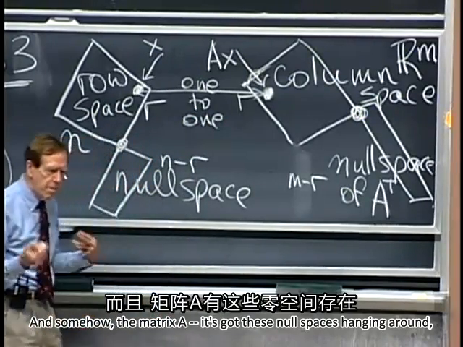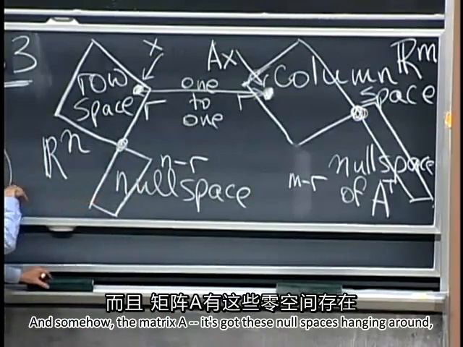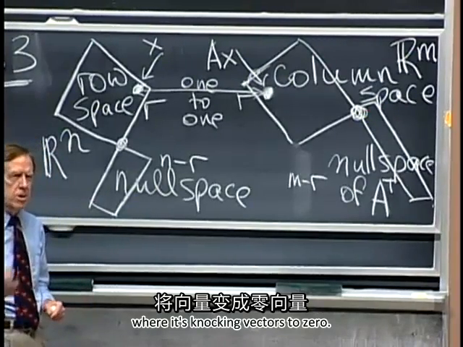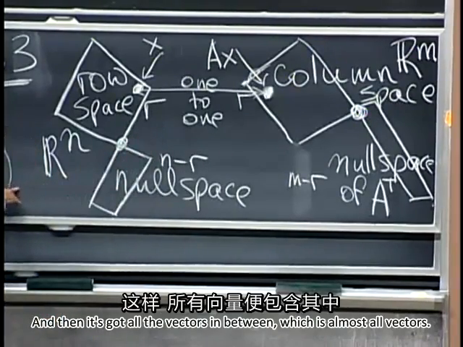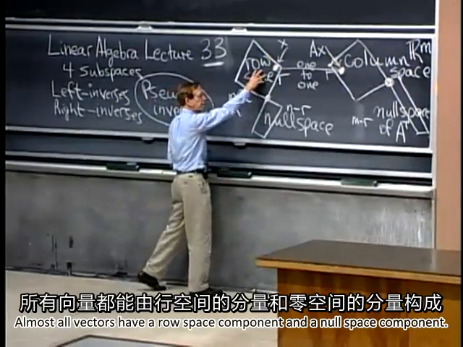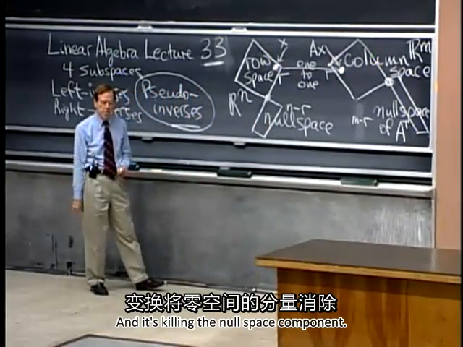And somehow the matrix A has these null spaces hanging around where it's knocking vectors to 0. And then it's got all the vectors in between, which is almost all vectors. Almost all vectors have a row space component and a null space component. And it's killing the null space component.